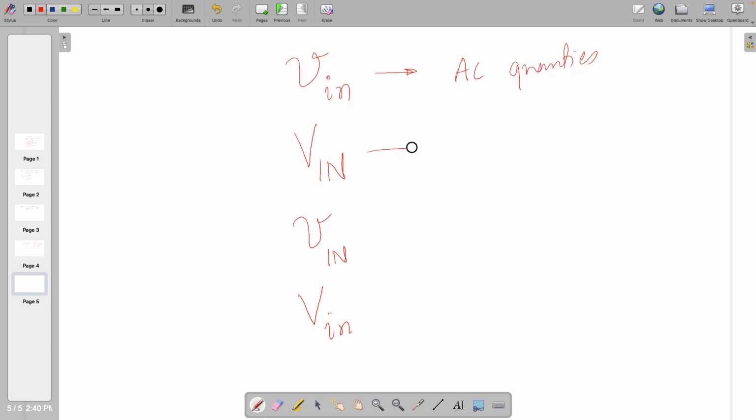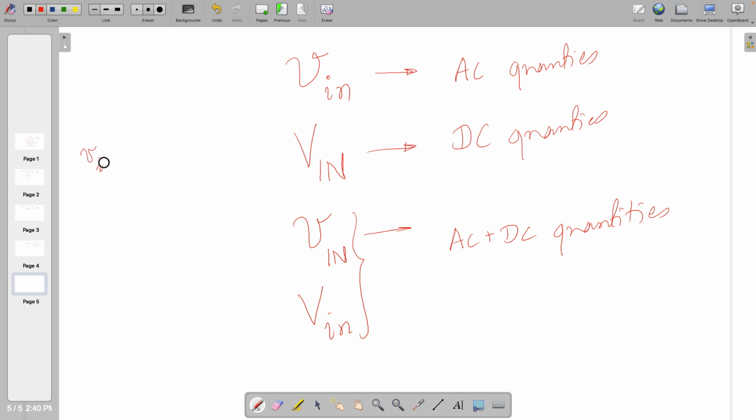If both are capital, we generally give it for DC quantities. If one is small and one is capital, it is an AC plus DC quantity. I believe you understand what AC and DC quantities are. DC is the one where frequency is 0 and AC is the one where frequencies are available, like A sine omega t, that's a pure AC signal.